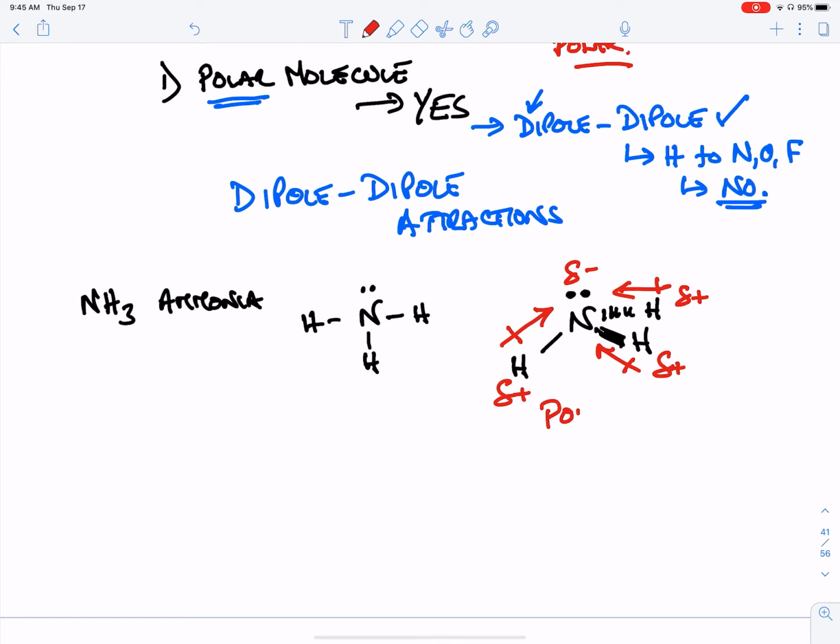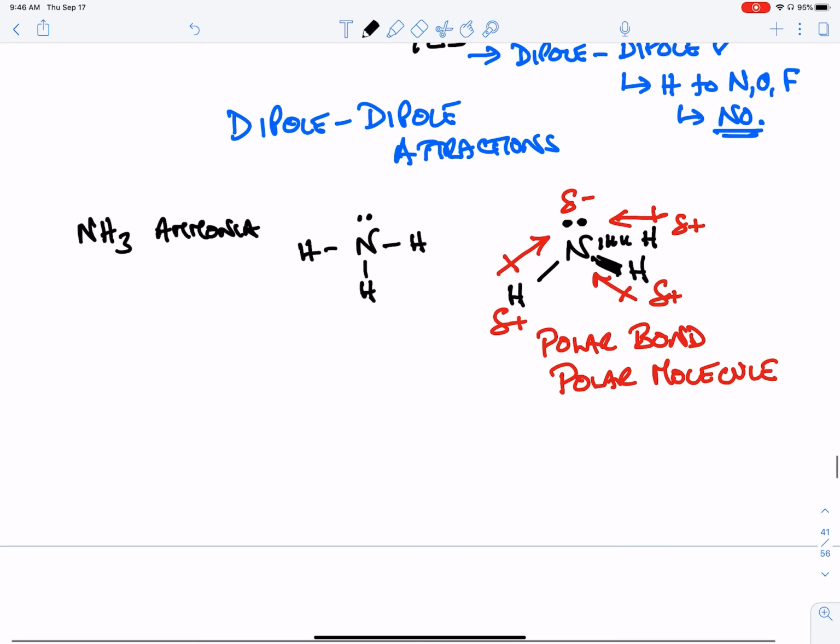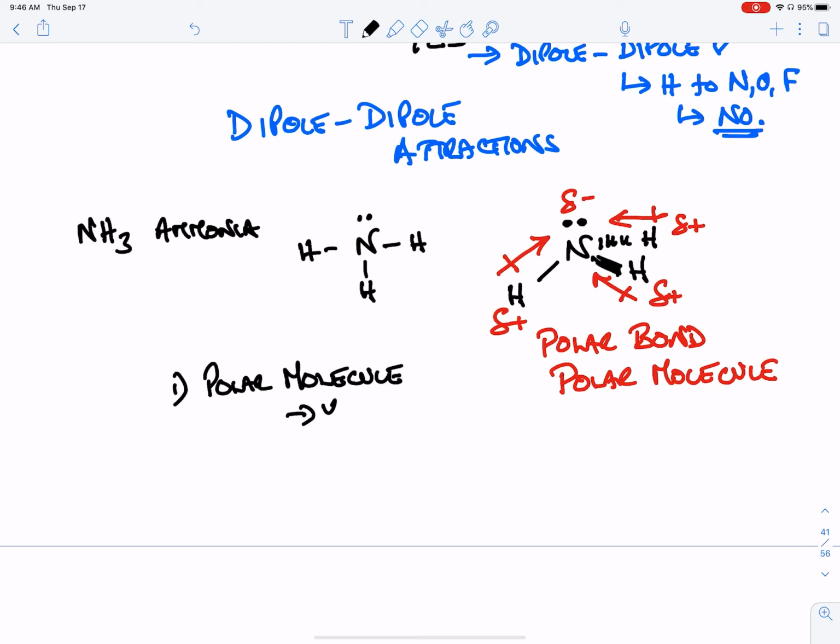So we do indeed have a polar bond, and we do indeed have a polar molecule because there's a separation of charge. And so because we answered the first question, do we have a polar molecule? The answer is yes. So this means that we have dipole-dipole attractions.